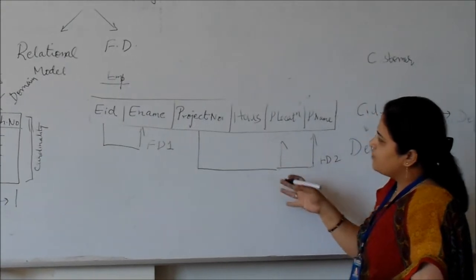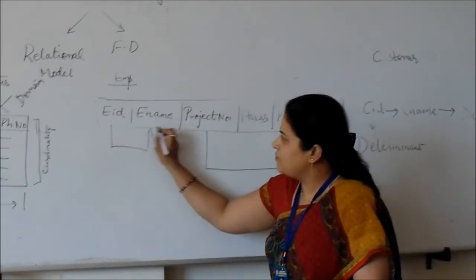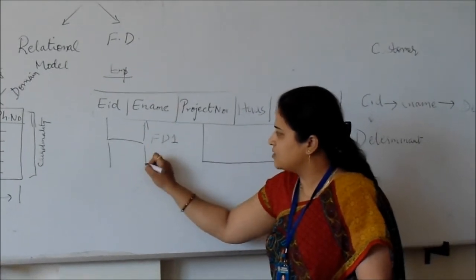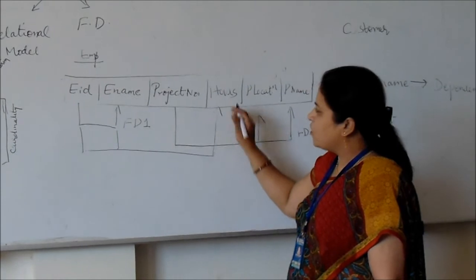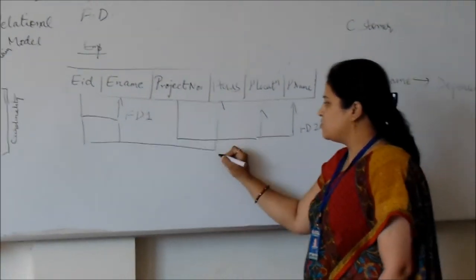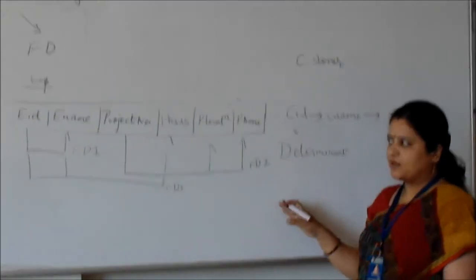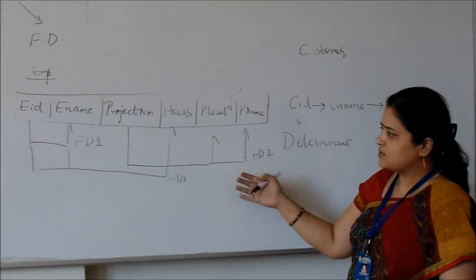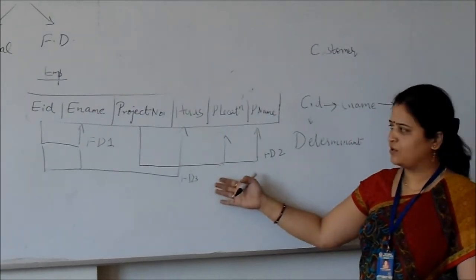Any other dependency we are finding? So we find that number of hours is determined by employee ID plus employee name. These two things combined give us how many hours an employee works on that particular project. So we find that in this relation totally three functional dependencies exist. These are shown as functional dependency 1, functional dependency 2 and functional dependency 3.